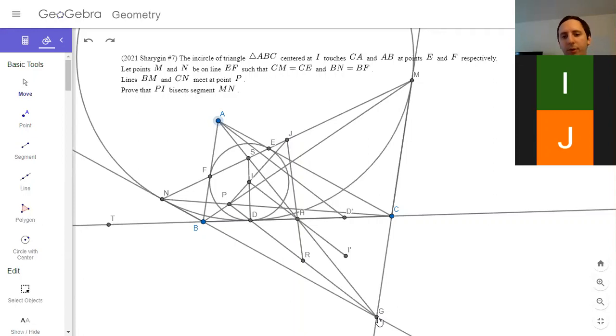I mean, there are so many different ways. We could show G, I prime, and J are collinear. We could show R, H, and J are collinear. Yeah, we know these two are parallel.